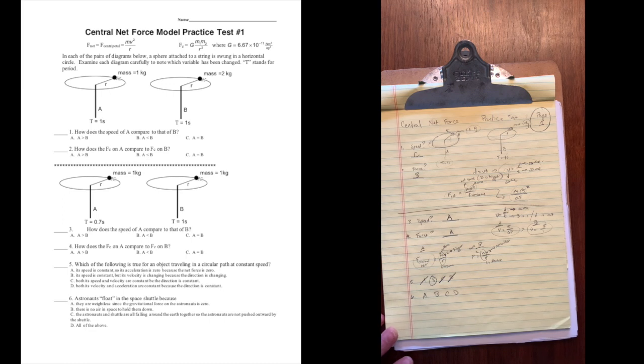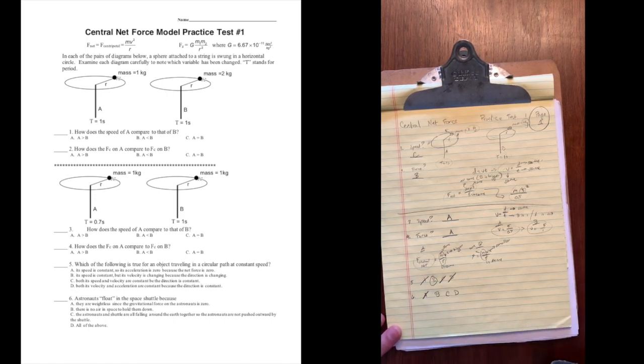Astronauts float in space in the space shuttle because A, they are weightless since the gravitational force on the astronauts is 0. That's just not true. We know that if an astronaut is orbiting, he or she is still experiencing gravity because they're not far enough away. B, there is no air in space to hold them down.